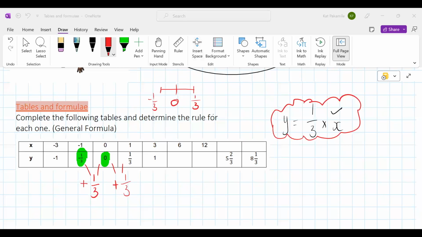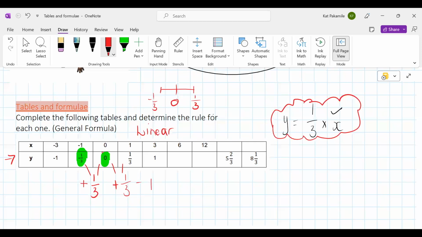There we go. So since we are adding the same thing over and over, we have concluded that all our outputs are linear. That means we are adding the same thing over and over. So you say plus 1 over 3, plus 1 over 3, to get to the next term.